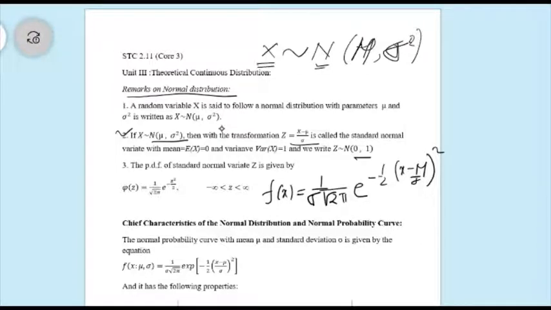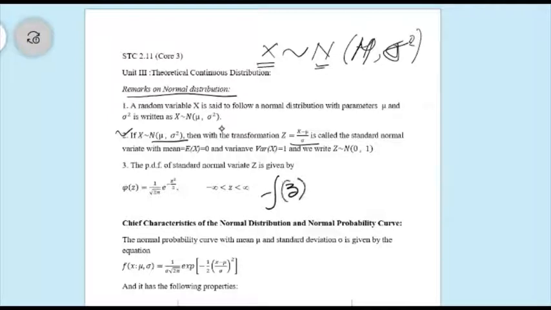Now in place of x minus mu by sigma, if we put z, a new variable z, then the function will become f of z, or we can write down any other functional value like phi, because already we have taken f for the normal distribution.